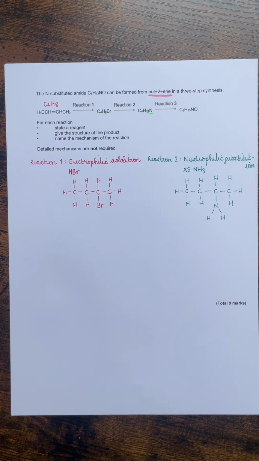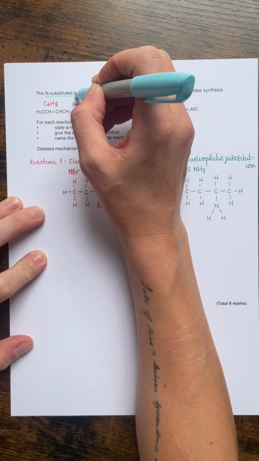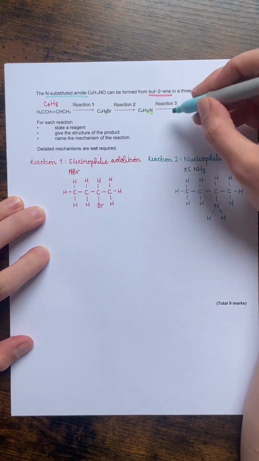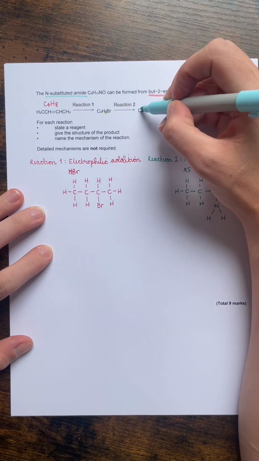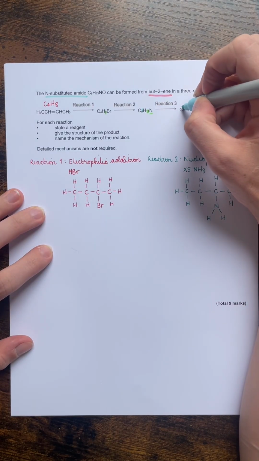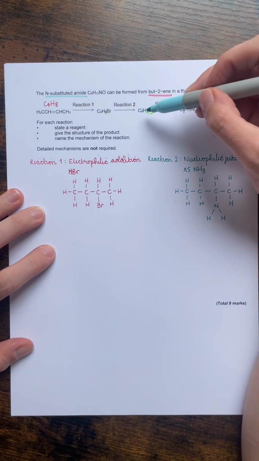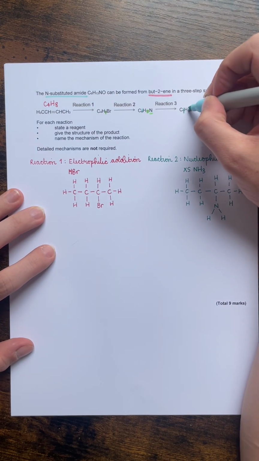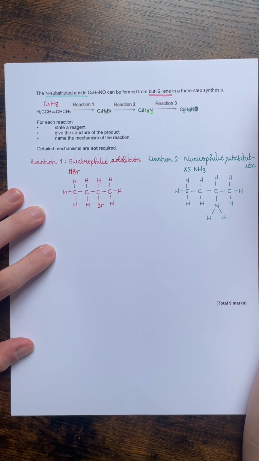Now, we don't know exactly what N-substituted amide it is, but we know it's an N-substituted amide, and we've got its molecular formula. So we can see that we've gone from 4 carbons in our amine to 6 carbons in our N-substituted amide. We've also gone up 2 hydrogens, so we're now on 13 of those, and we've got the oxygen.